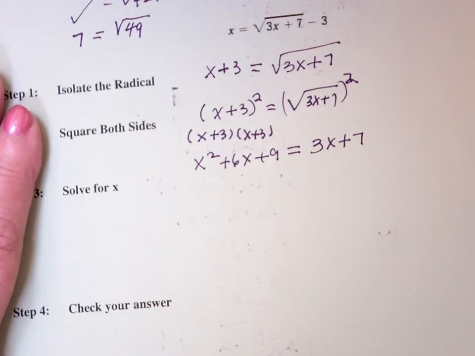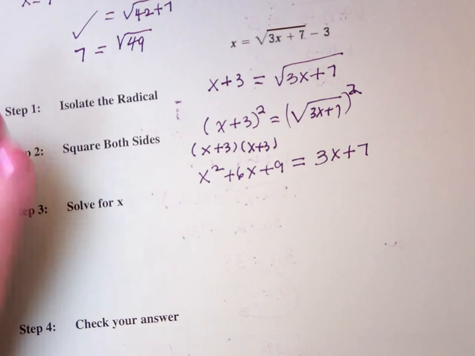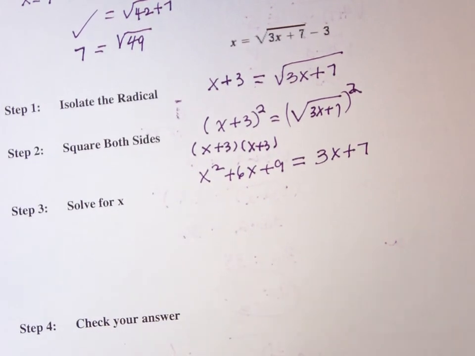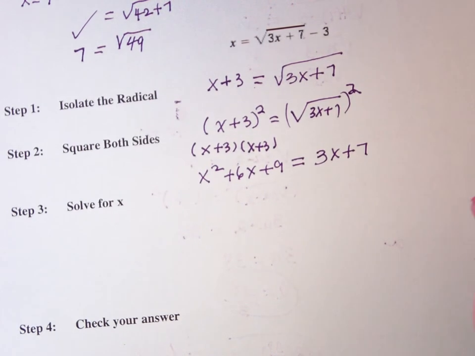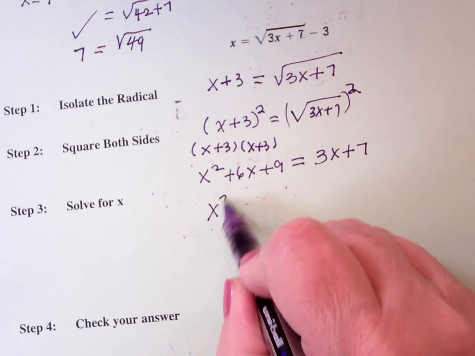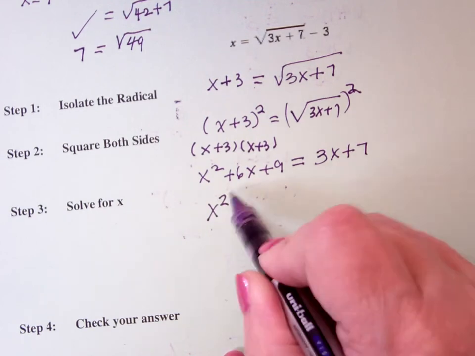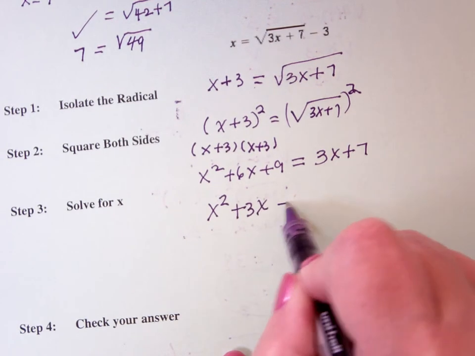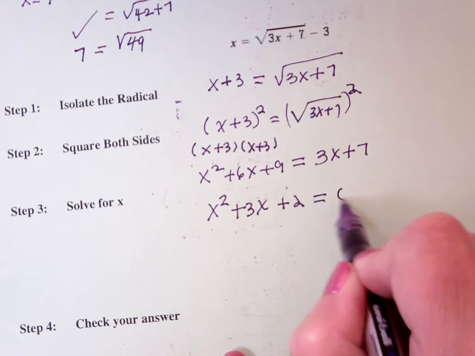Did you just FOIL that? Just FOILed it, yep. That's the easier thing to do. Now it's a quadratic, everything to the same side, x squared. Subtract 3x gives you a plus 3x. Subtract 7 gives you a plus 2 equals 0.